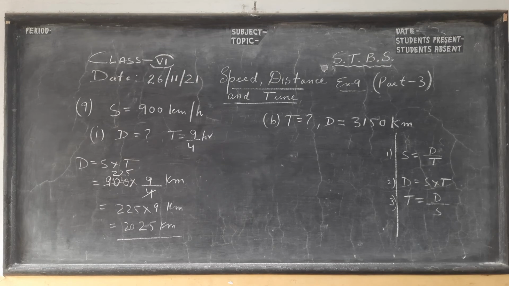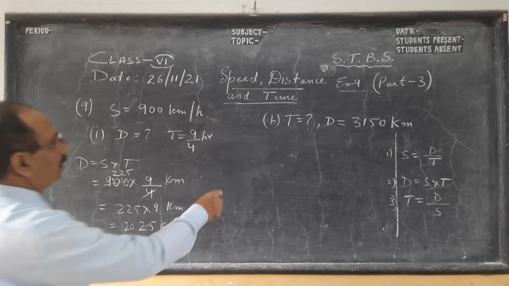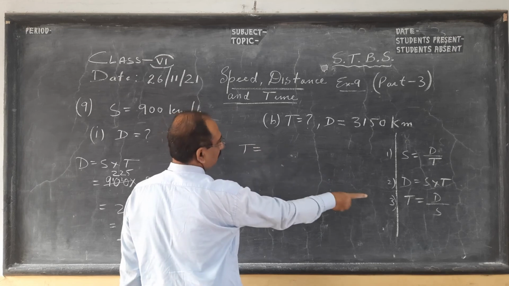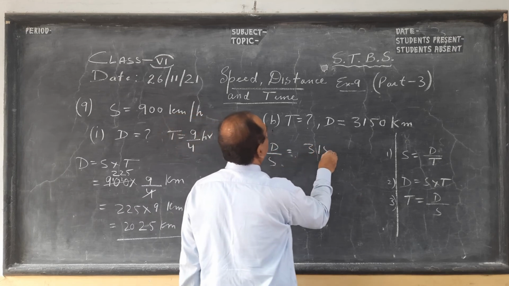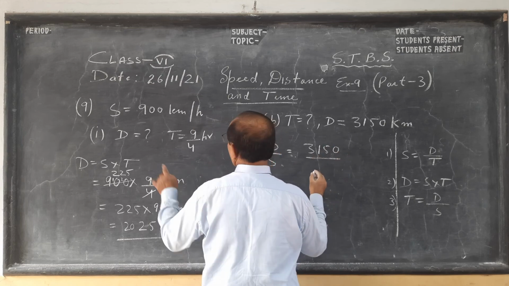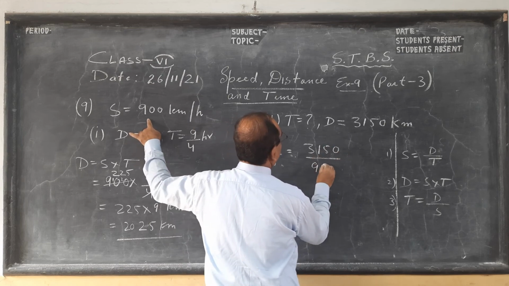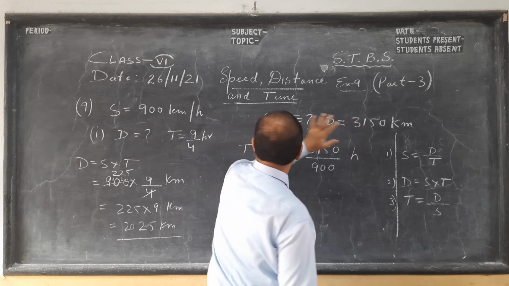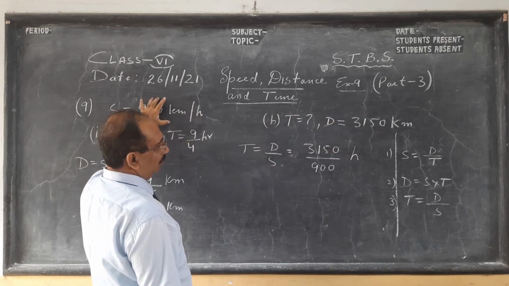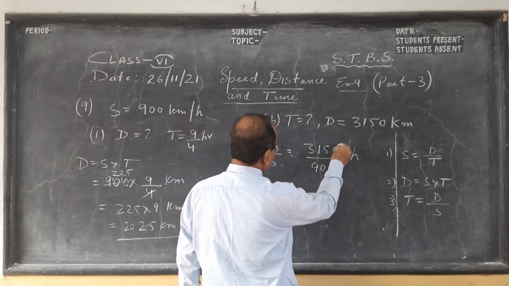In the last part, children, we have to find the time. Time is, children, distance by speed. Distance is 3150 kilometers and speed is 900. Time will be in hours, because this is in kilometers and this is in kilometers per hour. So we cancel.